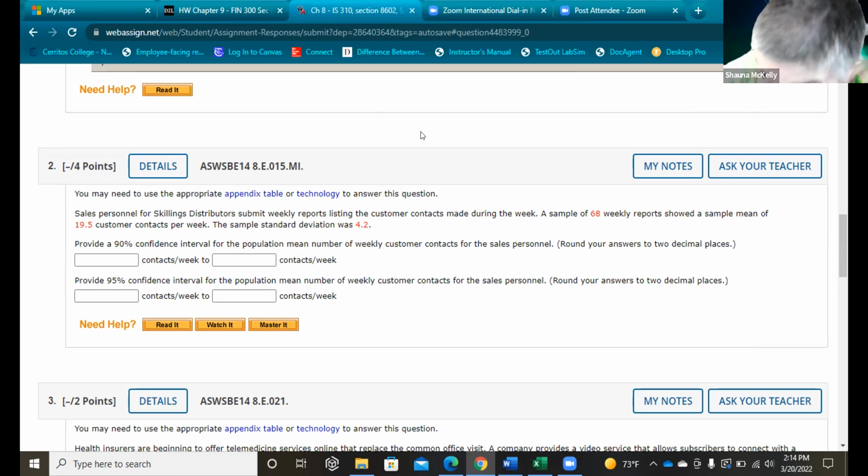Different books handle this different ways, but they gave you s, and you have n as 68. If n is greater than 30, which it is here, then typically you would use a z in place of that, but I don't know if they used a z or a t for this.